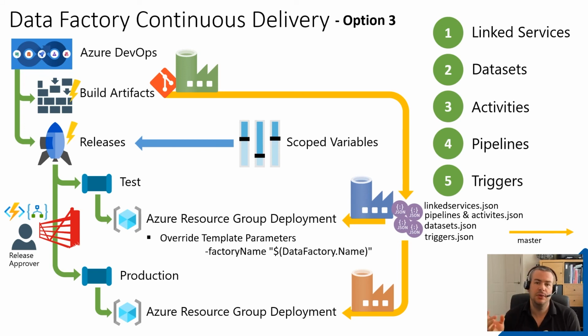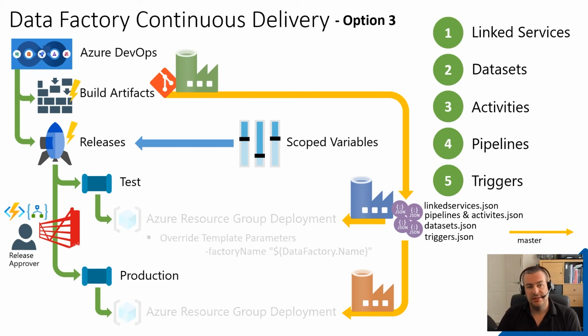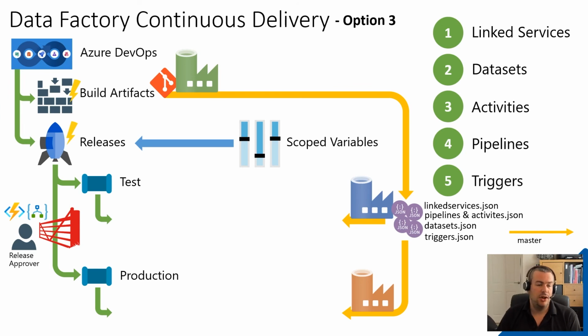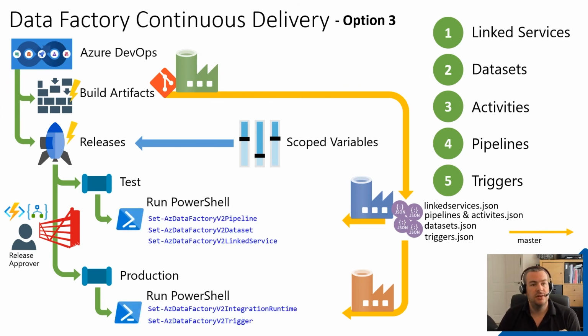Those artifacts where we have one JSON file per component within our data factory. What we can then do maybe with option 3 is instead of using those ARM template deployment tasks, we can use PowerShell. And for each of those artifacts, for each of those component types, we can align them to the respective PowerShell commandlet.